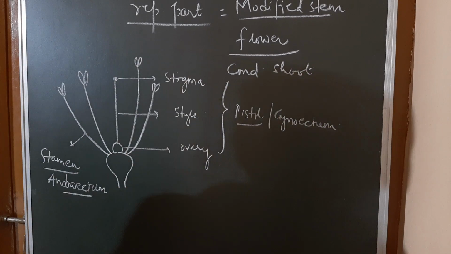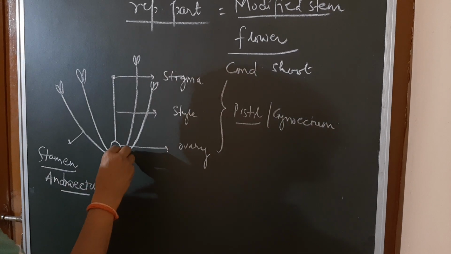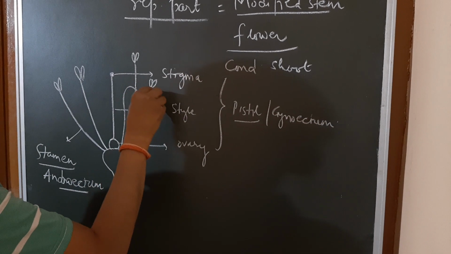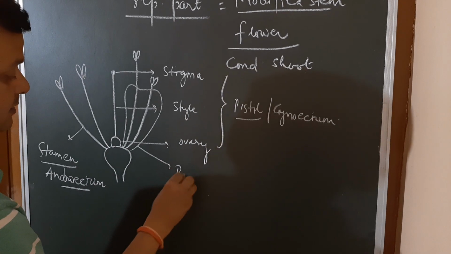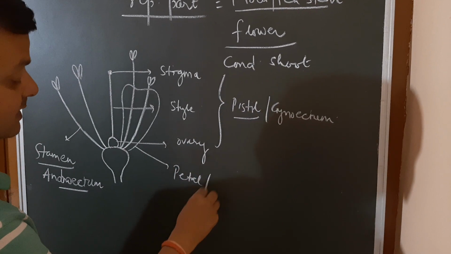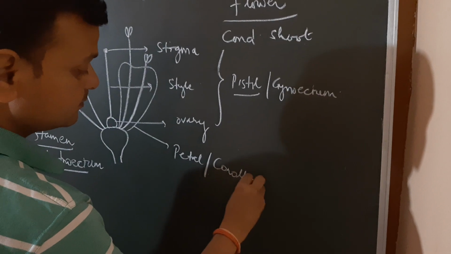Now next, from inner to outside, the next outermost whorl is a brightly colored structure which we call the petal, and a group of petals is called the corolla.